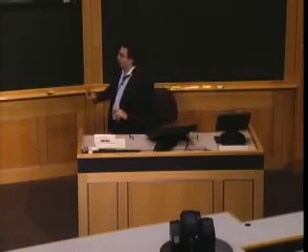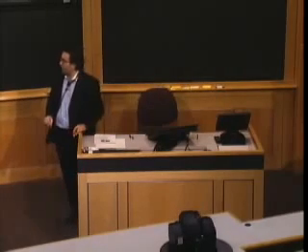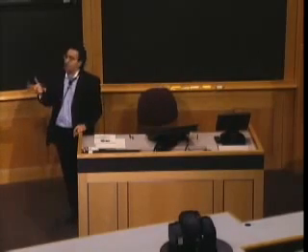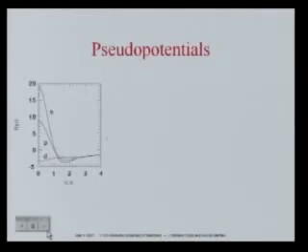Okay, so a reminder of what we have seen in the last class. We have introduced the idea of pseudopotentials in order to remove the cost of carrying out calculations that include the core electrons, that are very many, especially in larger atoms, and that have exceedingly high oscillations around the nucleus due to the orthogonality constraint.